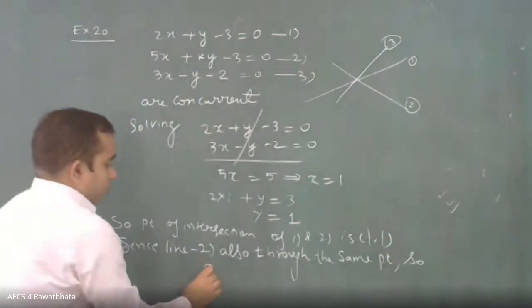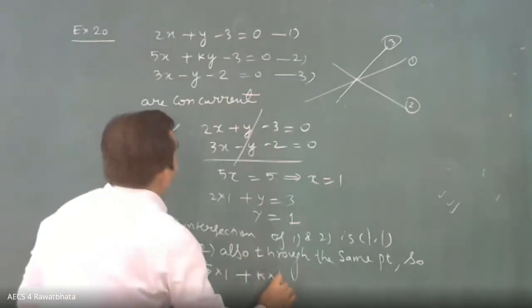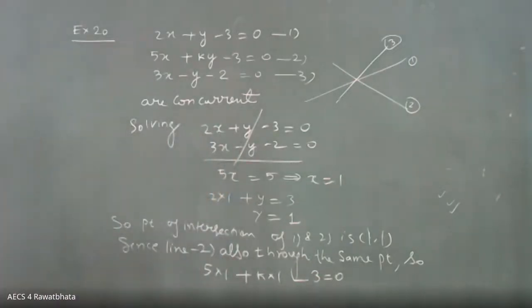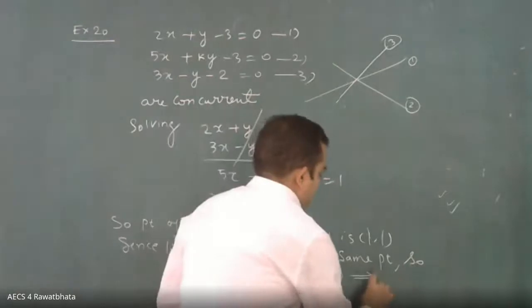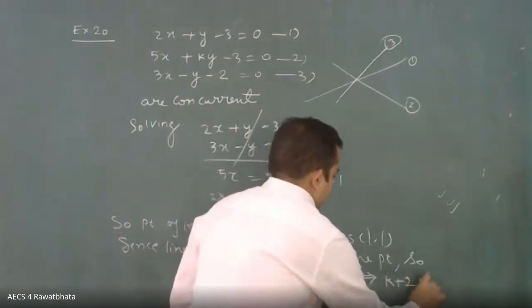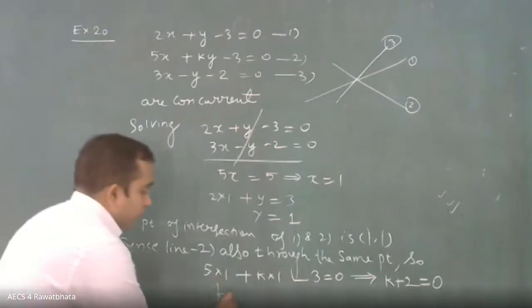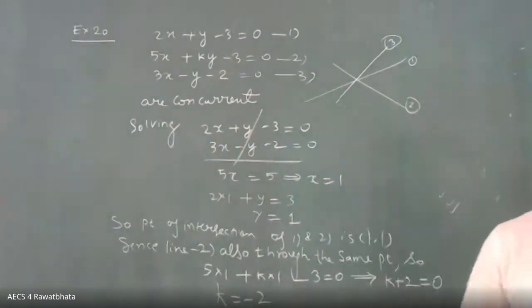So this becomes 5 into 1 plus k into 1 minus 3 equal to 0. And this becomes k plus 2 equals to 0. So k becomes, Gauravi, is this right? I hope it should be right.